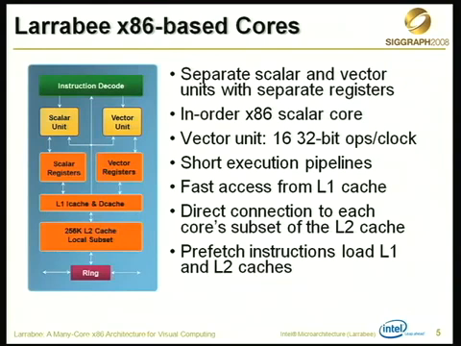Now, here's a view of the Larrabee x86-based core. If you look at the green instruction decode box, together with the 3 boxes to the left, that's the part that we derived from the original Pentium design, with extensive modifications, such as support for 64-bit integers. We also added support for 4 independent threads of execution on each core, which means that we also made the level 1 caches 32K bytes each rather than 8K bytes each of the original Pentium design.